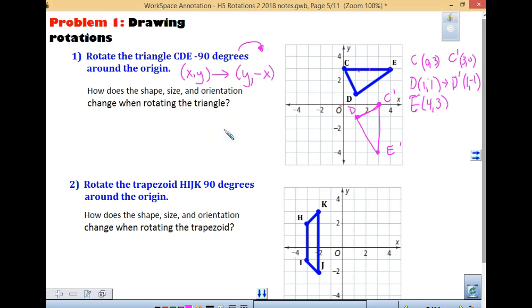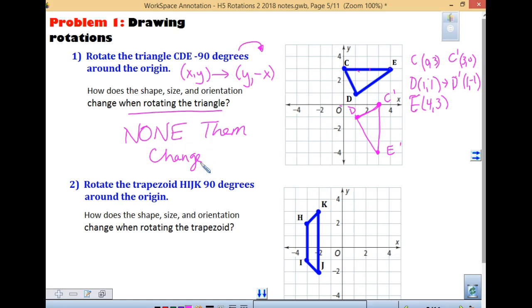No, only if I drew it wrong or missed my points, right? So it should be no. Did the size change? No. And orientation. So if we are looking at rotating it, do any of these change? None change, right? They're all the same size, same shape, same orientation.